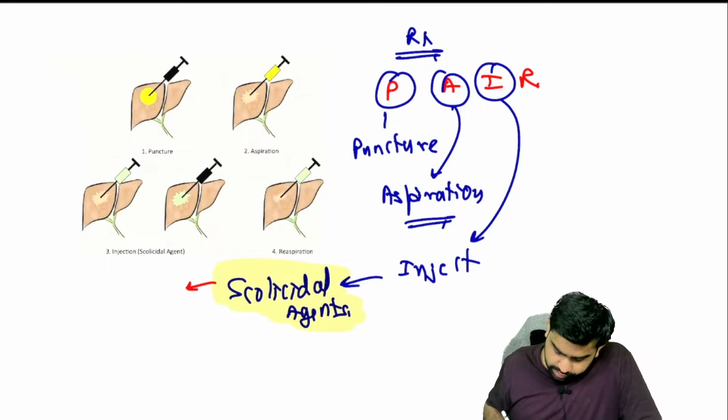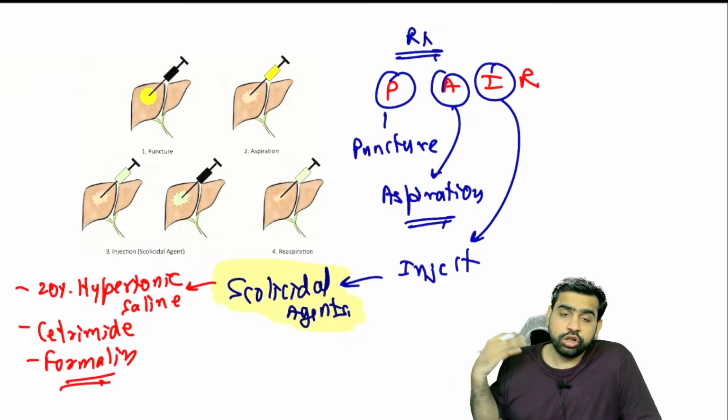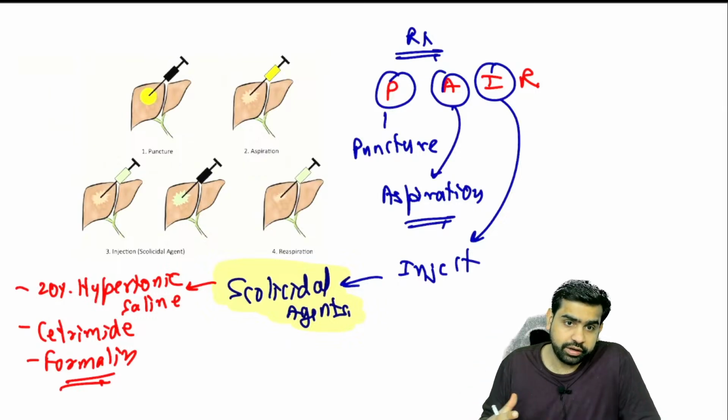We have 20% hypertonic saline, then cetrimide, formalin. All these are scolicidal agents. So you inject these scolicidal agents into this hydatid cyst.